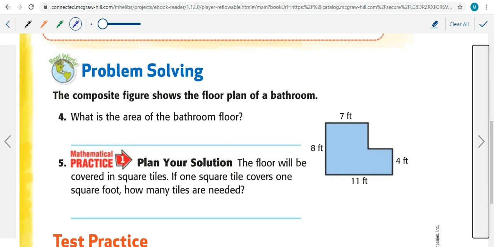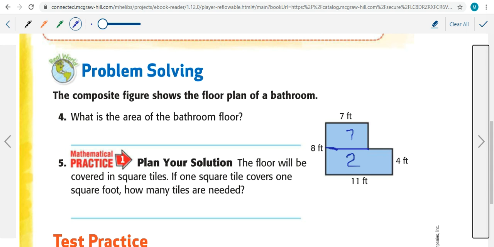The composite figure shows the floor plan of a bathroom. What is the area of the bathroom? Okay, so we are going to make the two figures that make this composite figure. This is rectangle 1 and this is rectangle 2.